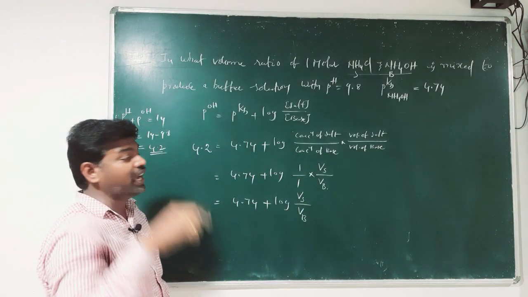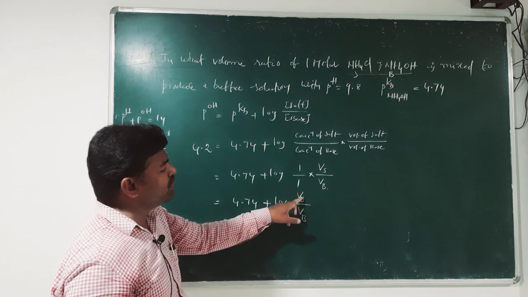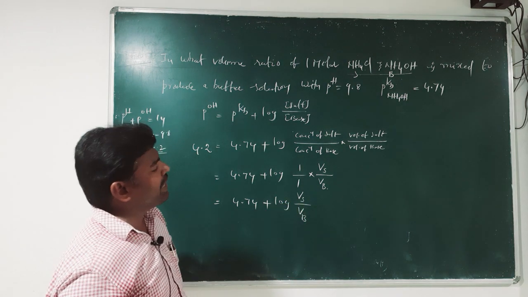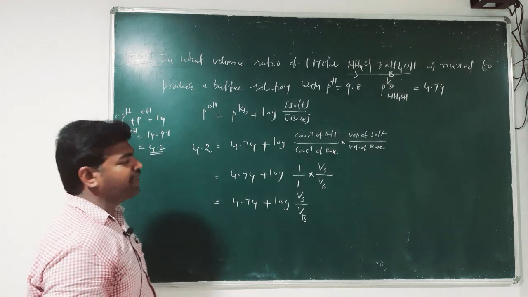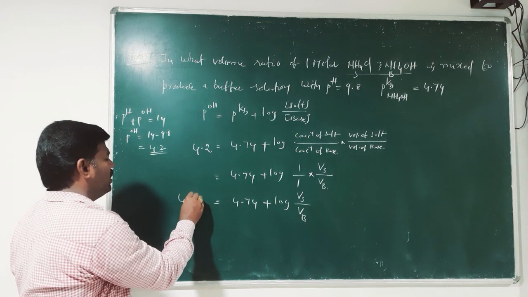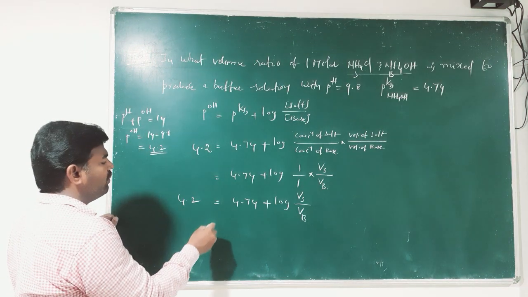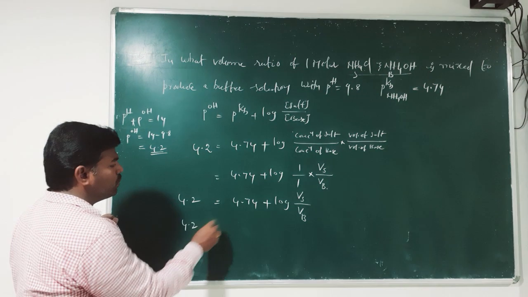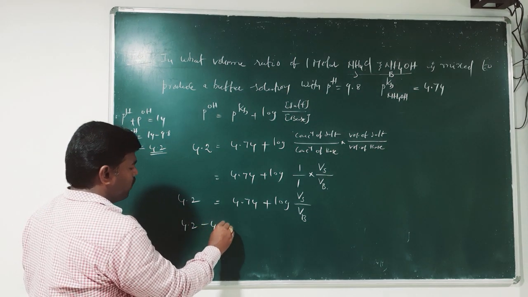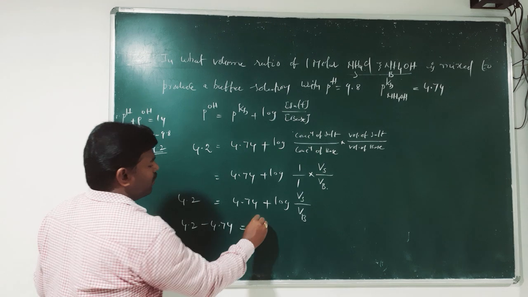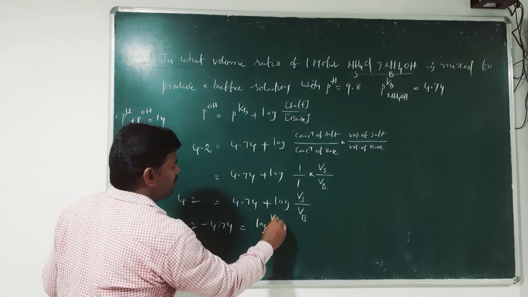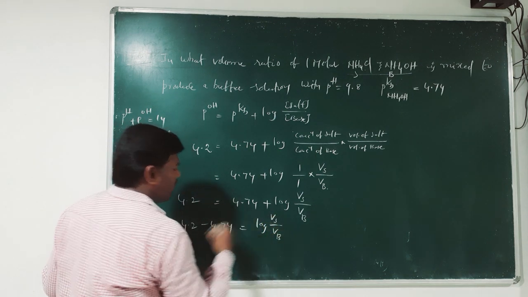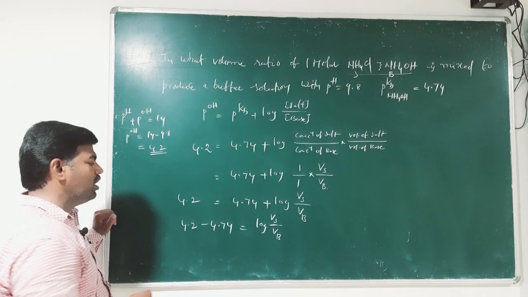They asked to calculate the ratio of salt by base. Here pOH is 4.2, and we can write 4.2 minus 4.74 is equal to log volume of salt by volume of base.